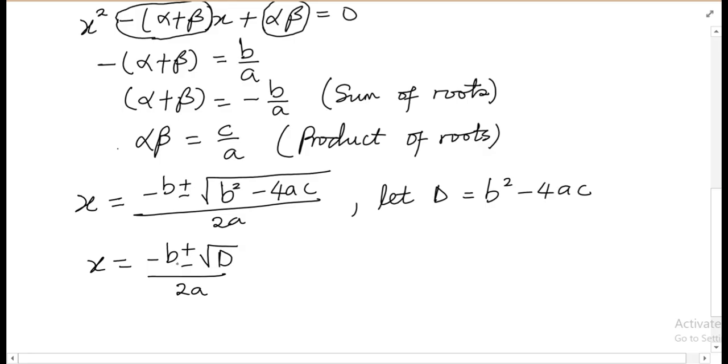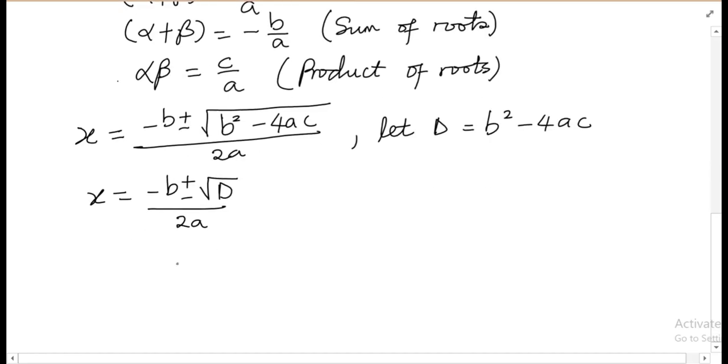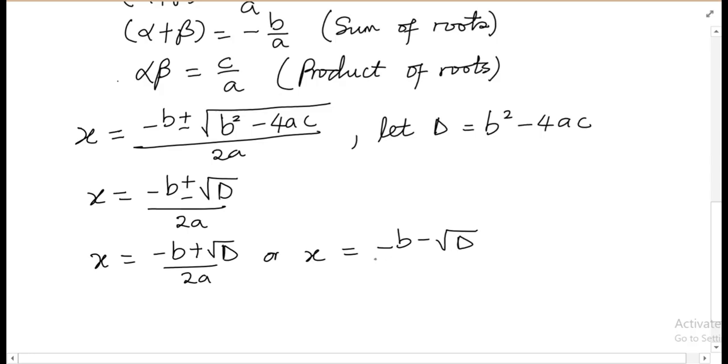So for the roots of a quadratic equation, we have two answers. We have x being equal to minus b plus root d all over 2a, or x being equal to minus b minus root d all over 2a.